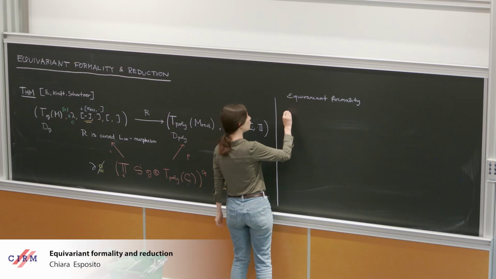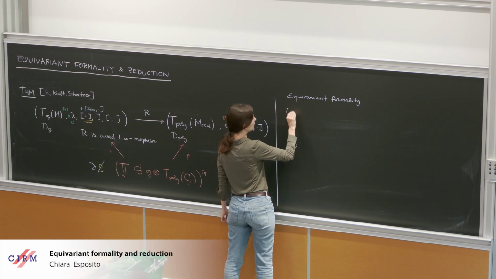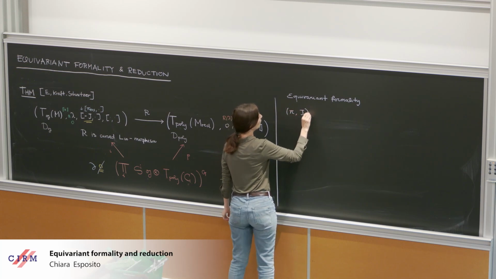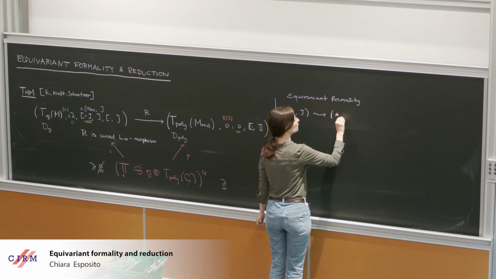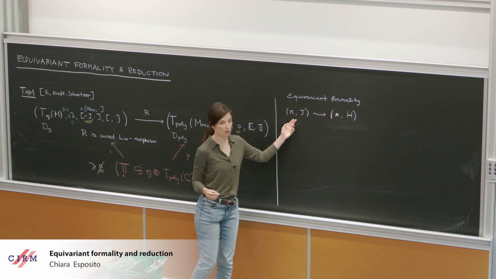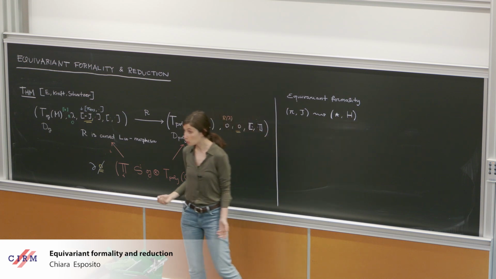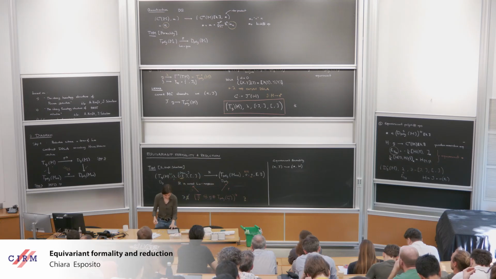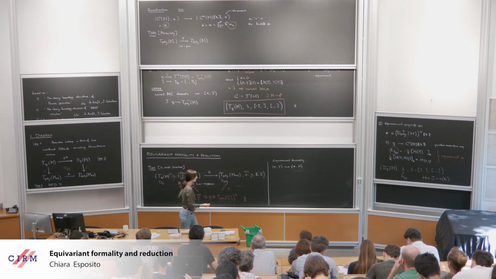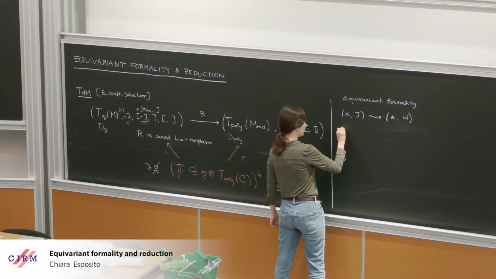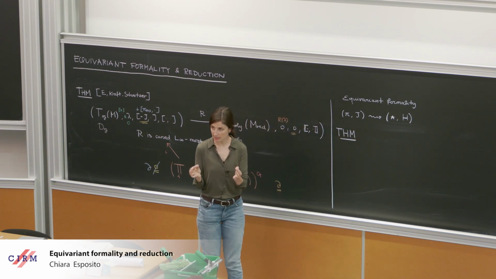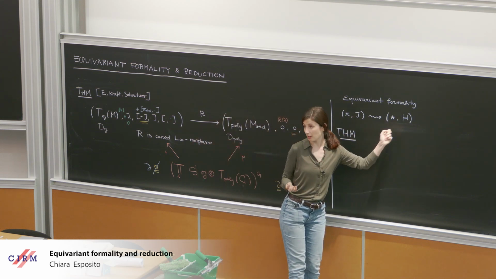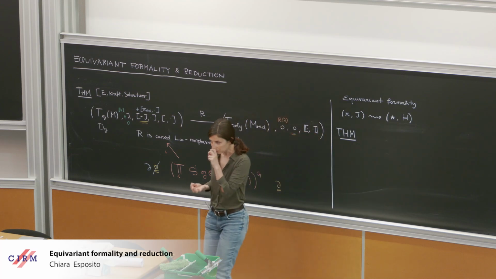So can we really go from this object to this object? And the answer is yes, because now we can prove equivariant formality connecting exactly the two complexes having those guys as Maurer-Cartan elements. Okay?